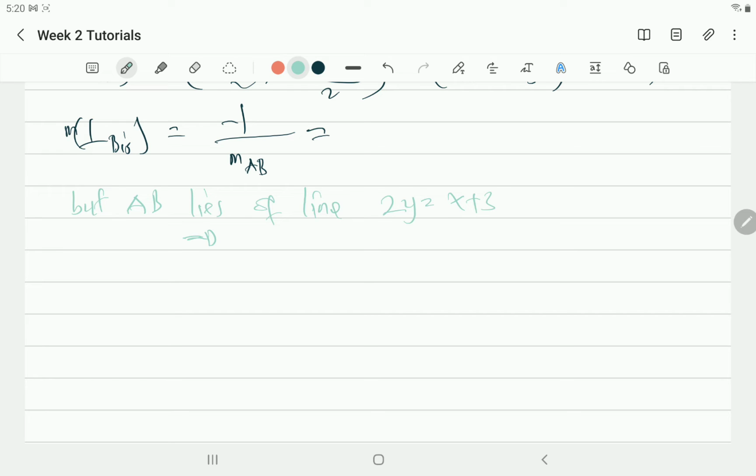So this implies that y is equal to 1/2 x plus 3/2. Therefore, the gradient of AB is actually the coefficient of x, which is 1/2.